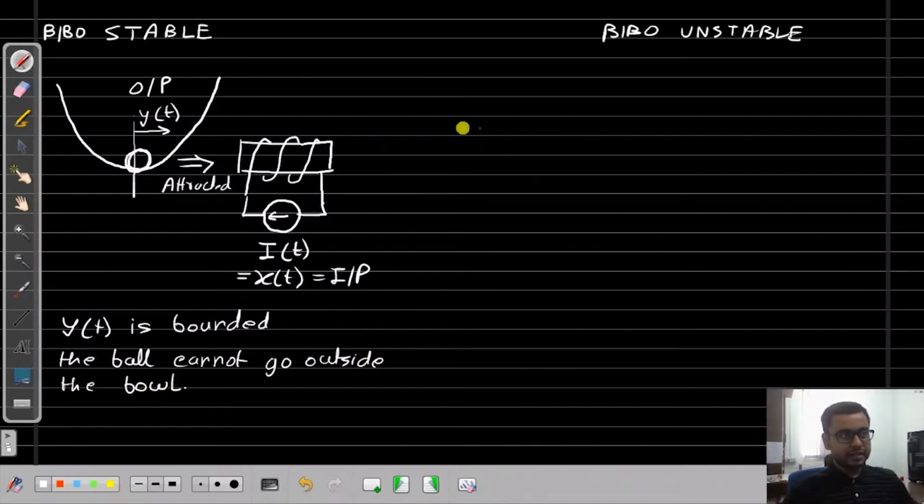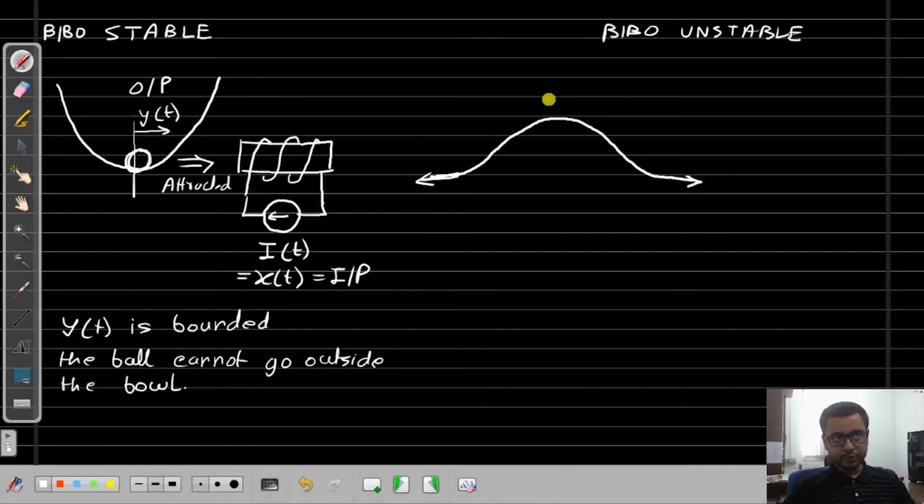On the other hand, consider another system which is an inverted bowl, and it continues on either side.